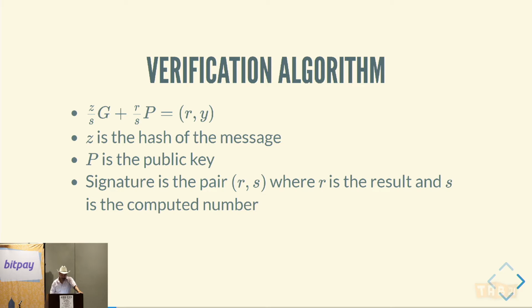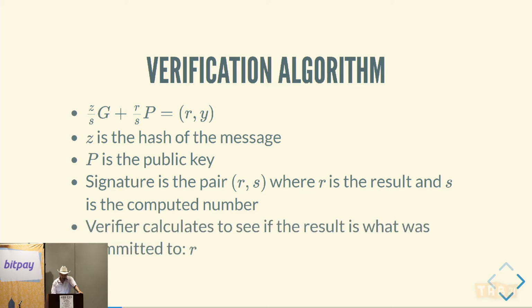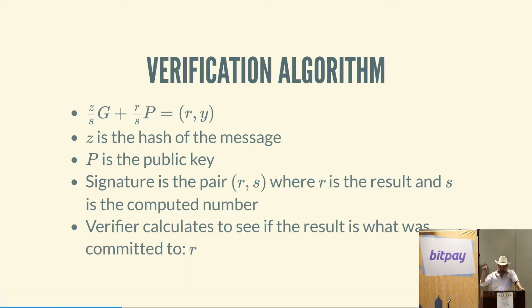The verifier calculates the left side of that equation, (z/s)G + (r/s)P, and sees if the result is the value that it was committed to. The commitment is only for the x coordinate, r. If that r matches the r that you used in the left side of the equation, then you know that the signer actually knew the secret. That's the key to what ECDSA is.